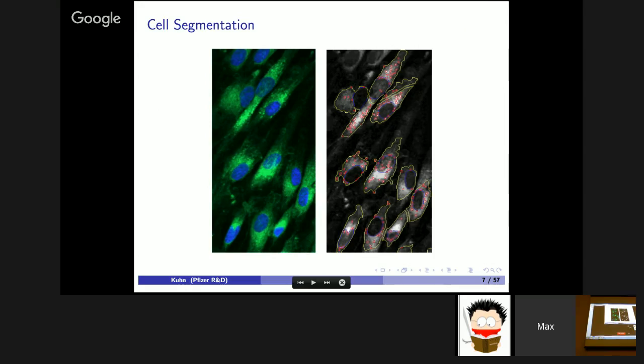And so what we would do is treat other cells with a particular compound that's not a control, and then we could take the cell body and quantify where the actual protein is. So we can quantify the difference between the control cells and the treated cells and measure different aspects of them, like how big the cell is, or what the intensity inside the cell of a certain color is.